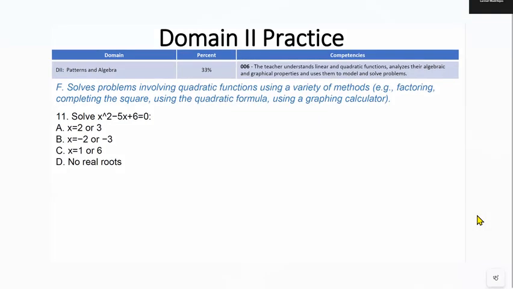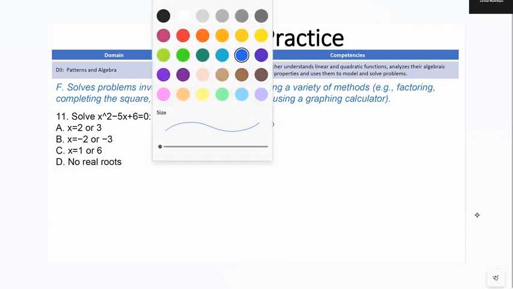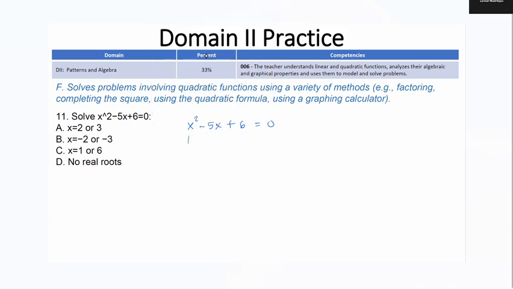Here we go. Solve x squared minus 5x plus 6 equals 0. To solve that, I need to factor. X squared means you have x and x over there, no? And then you have 6 here.